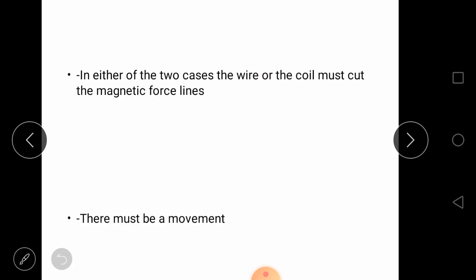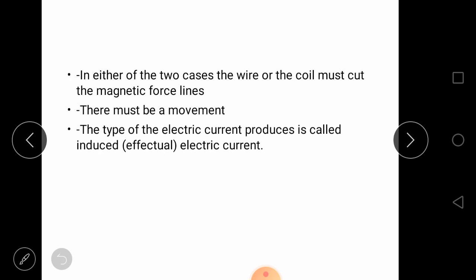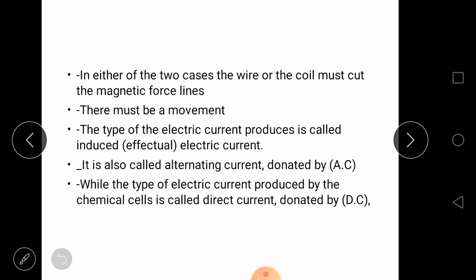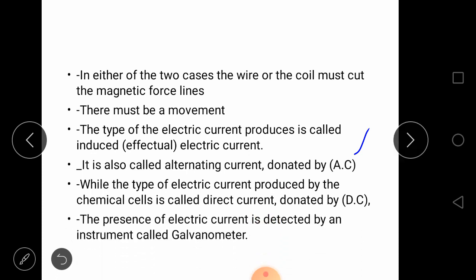So cutting the magnetic field is the main word, which produces mechanical energy that is converted into electrical energy. The current is called alternating current or induced current.